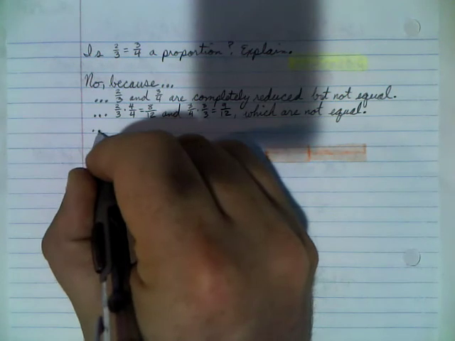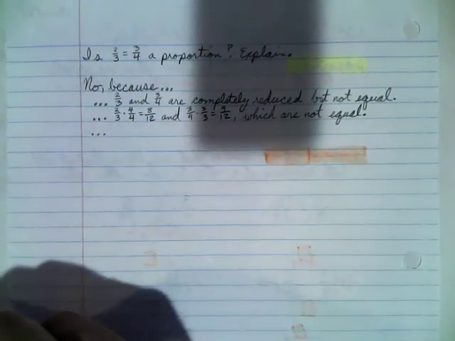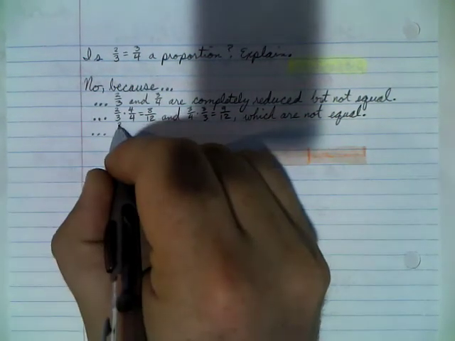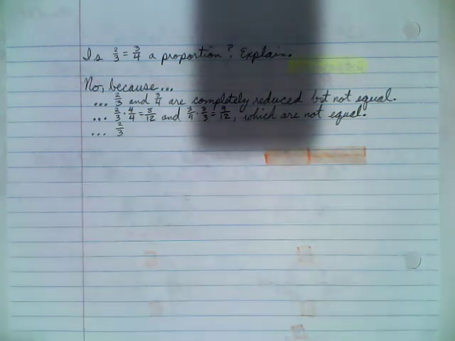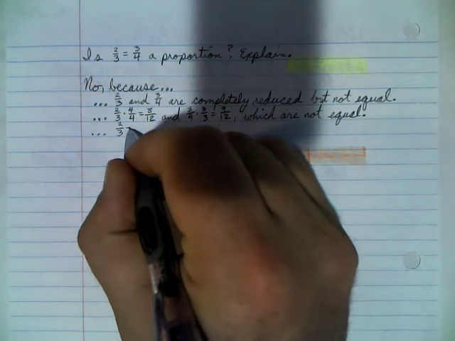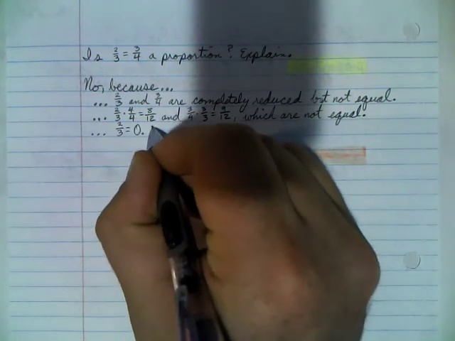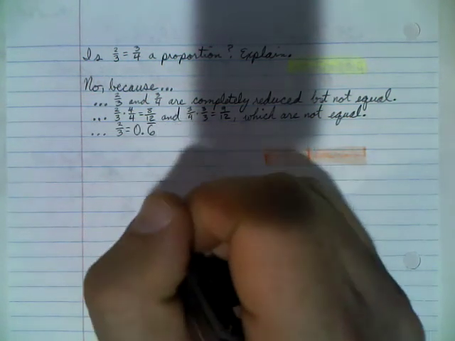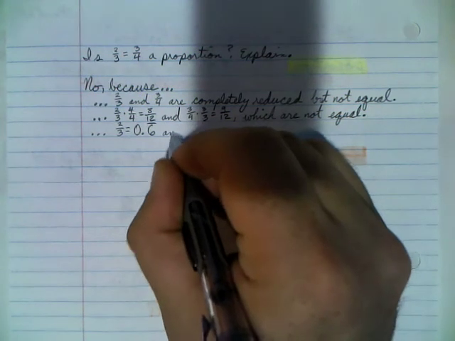Another possible answer here would be to do something that is unusual with ratios, but we do it once in a while when it is helpful: take your ratios and change them into decimals. So 2/3, hopefully we have memorized, is 0.6 repeating. This is one of the few times that repeating decimals are allowed.